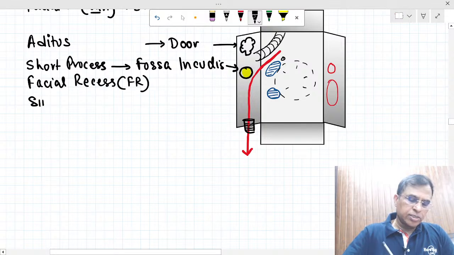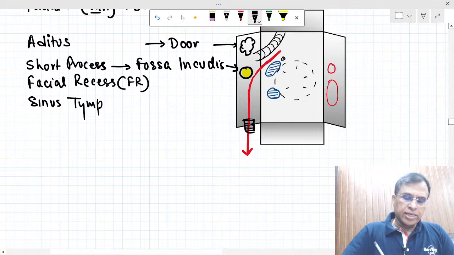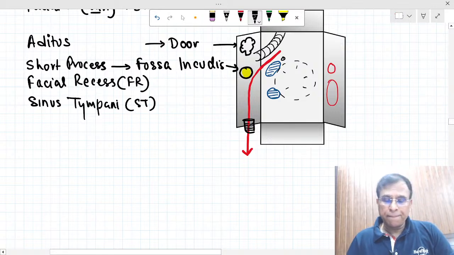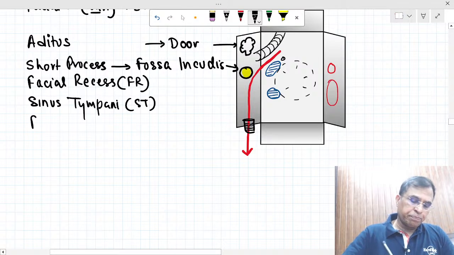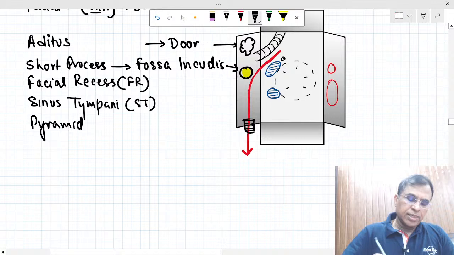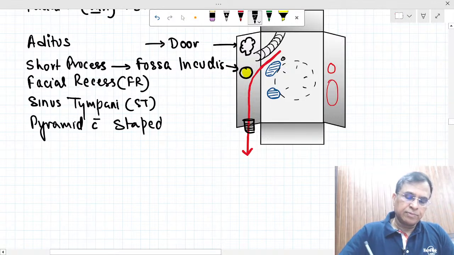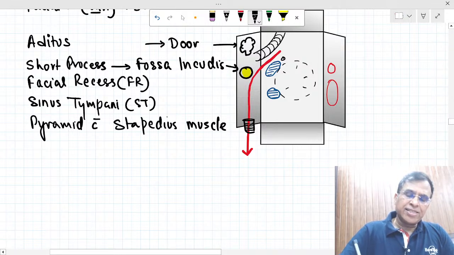The second one is the sinus tympani, ST I call it, and the third is the pyramid. The pyramid has the stapedius muscle. Remember, two muscles I will discuss. This is the second muscle.